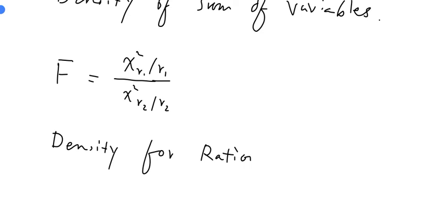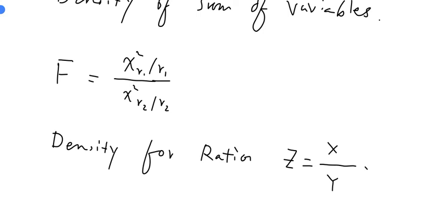So for a ratio, suppose we know x and we know y. What is the density function for this new variable x over y?